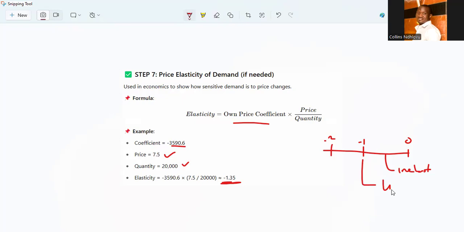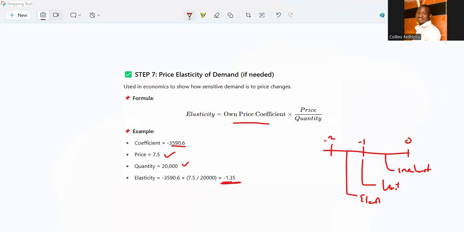If it's more than 1, it is elastic. Any values more than 1 are elastic, they're sensitive, so you don't need to play around with the prices anyhow. So -1.35 means demand is elastic. So the interpretation of that is that it is elastic.